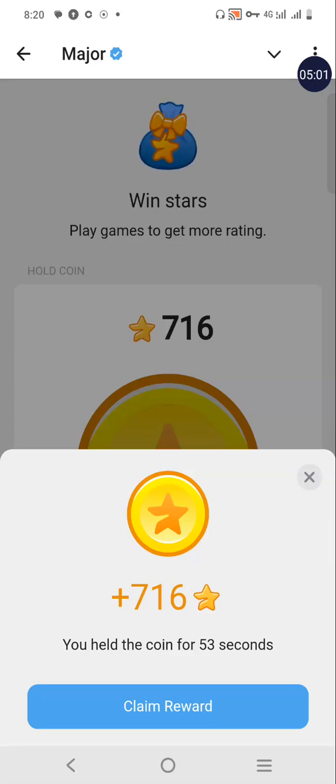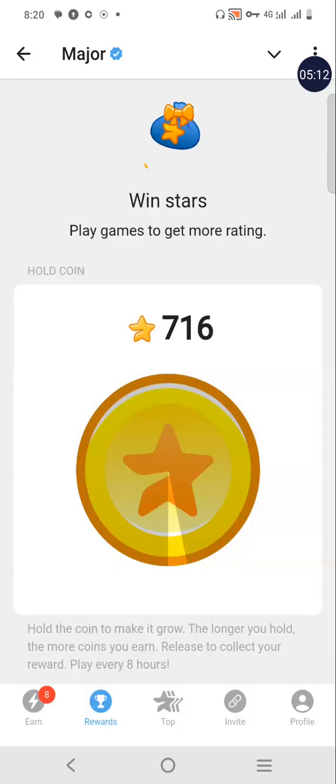Then once it rolls into a complete circle, you see that this reward pops up. The next thing you do is just claim the reward, right?